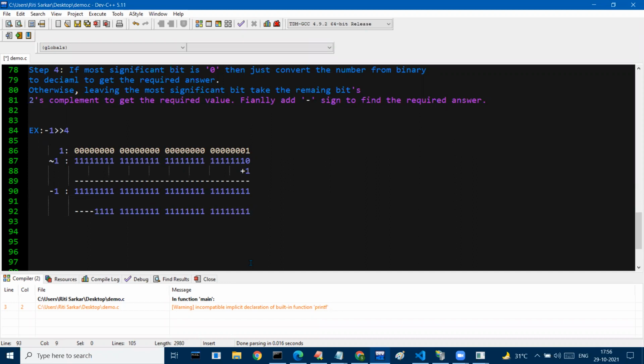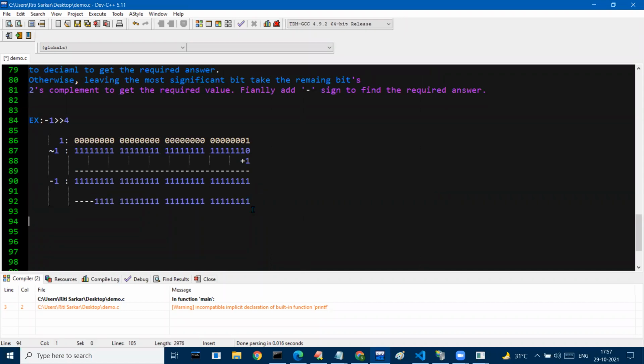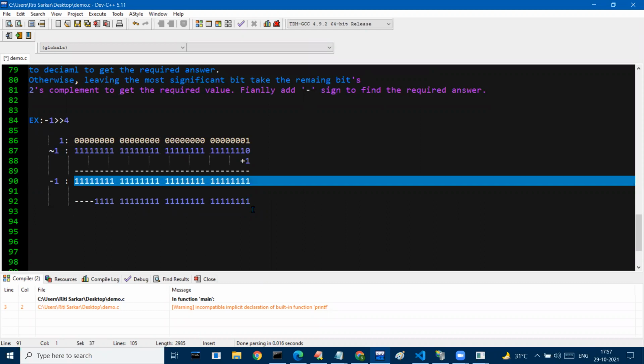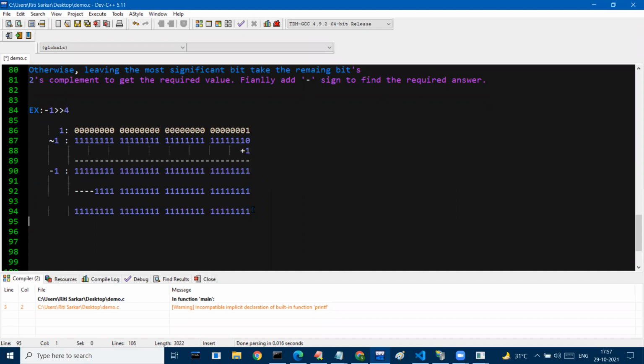Now here the most important point is, while filling it up, you cannot fill it up with 0 value. With what value you have to fill it up? 1. So once you fill it up, the number will look like this, where all are 1.